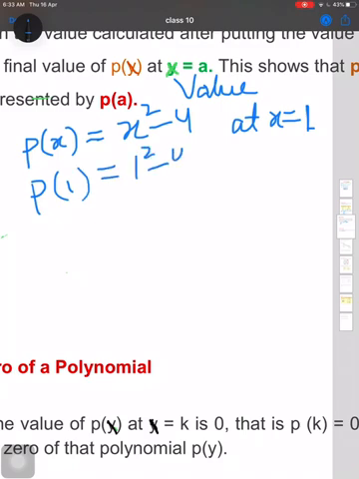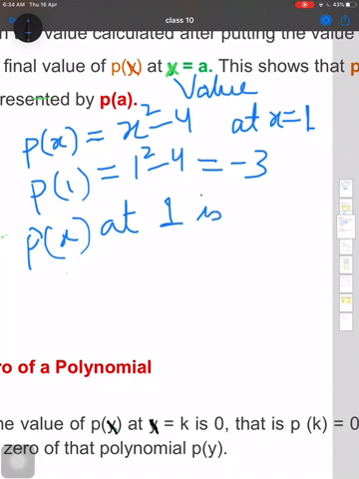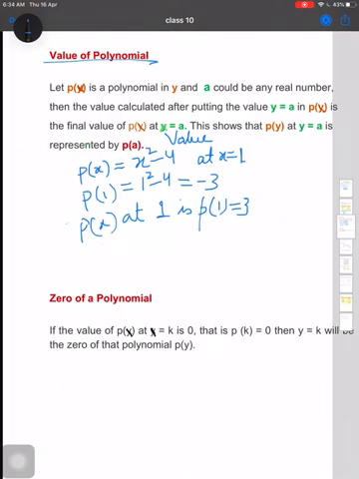In the place of x, simply you will put 1. So what you will get? 1 square minus 4, and you know what is 1 square minus 4? It is minus 3. So you have seen p(x) at 1 is p(1), and the value of p(1) is minus 3. Okay, so I hope this is also clear.